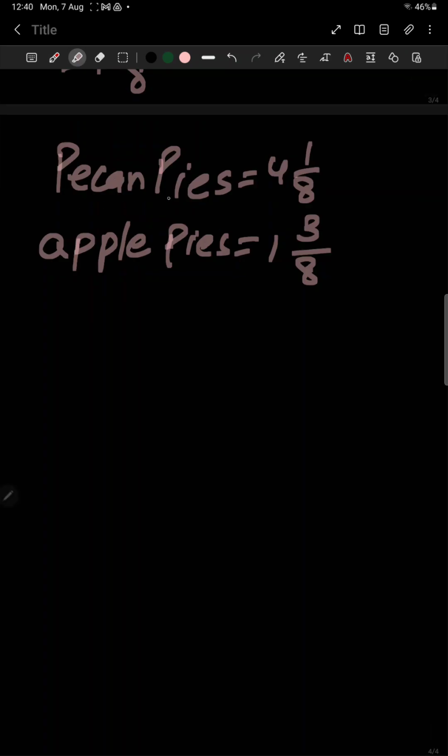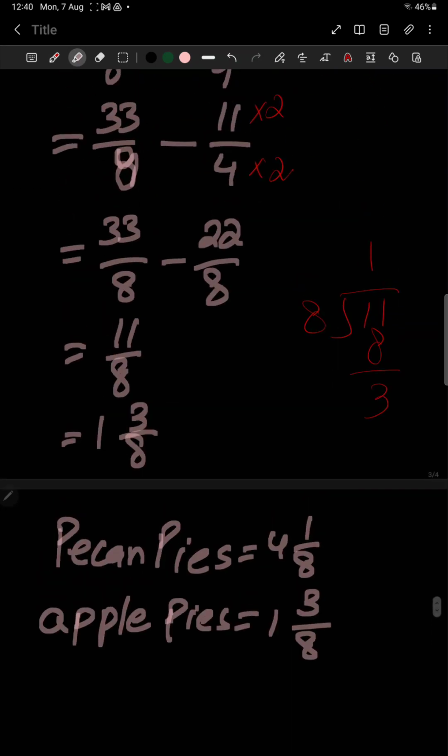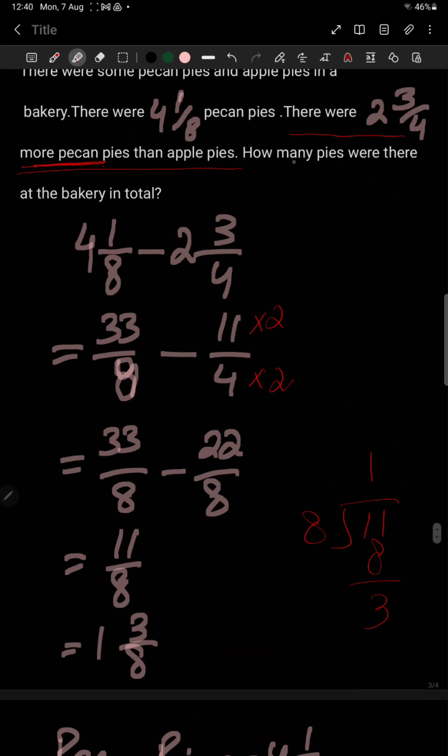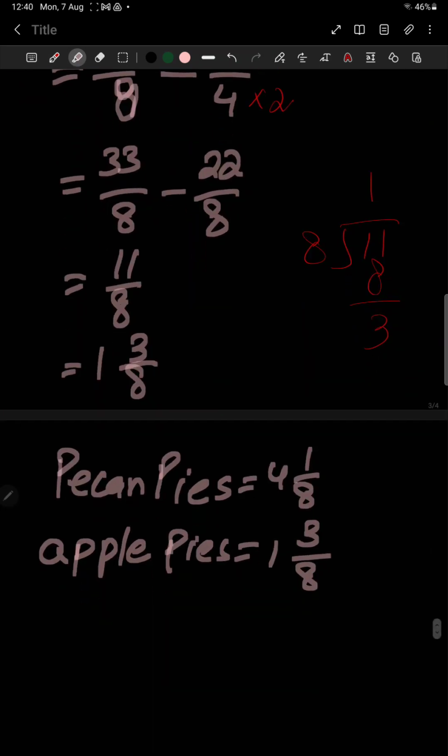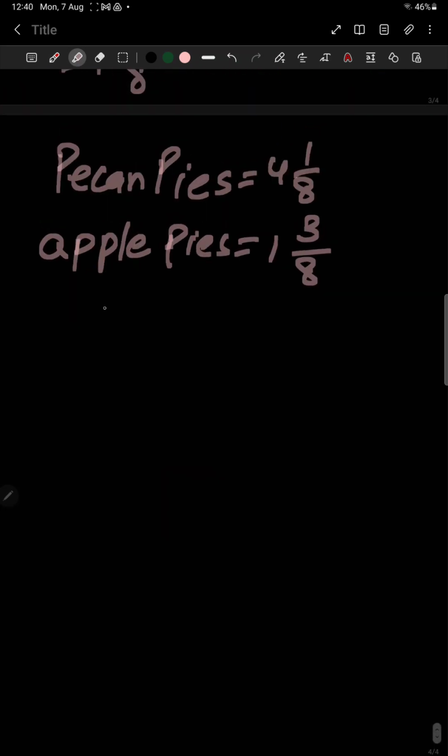Now the total pecan pies, which is already given, 4 whole 1/8, and apple pies which we have found out, 1 whole 3/8. Now our question is, how many pies were there at the bakery in total? In total suggests that we are going to add them. Now 4 whole 1/8 plus 1 whole 3/8.